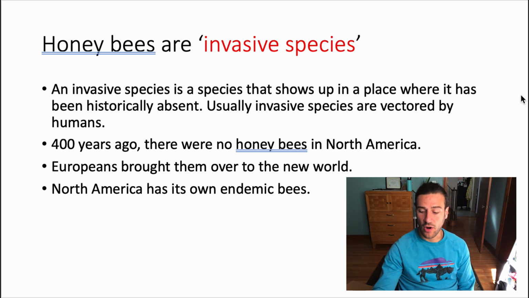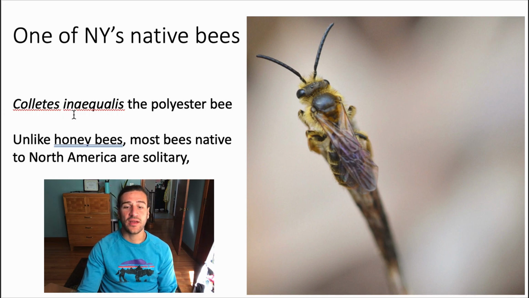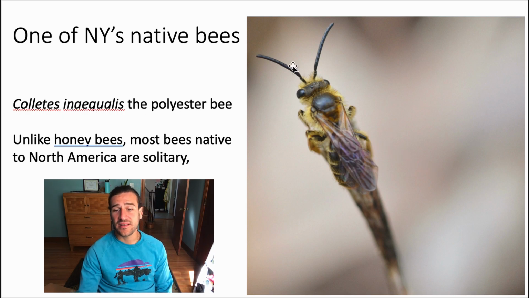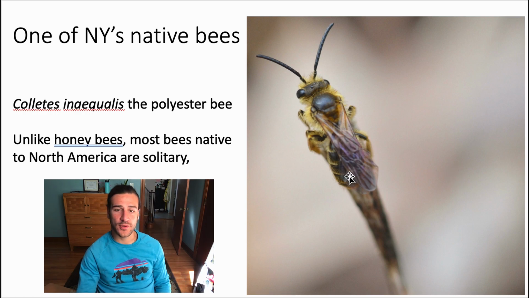Now, we have our own endemic bees, and I actually took this picture with one of my macro lenses. This is Calliopsis andreniformis, and this is known as a type of polyester bee. So this is actually a really, really tiny native bee. It was like this big. It was super small.